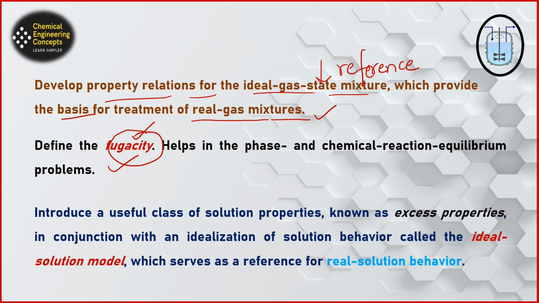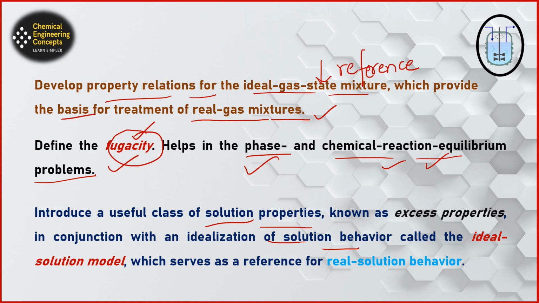So what is it basically used for? It helps in phase and chemical reaction equilibrium problems. So how it is used here, we will also discuss in this course, guys. We will also introduce you to the useful class of solution properties. So what excess properties are and what reduced properties are, in conjunction with the idealization of solution behavior.